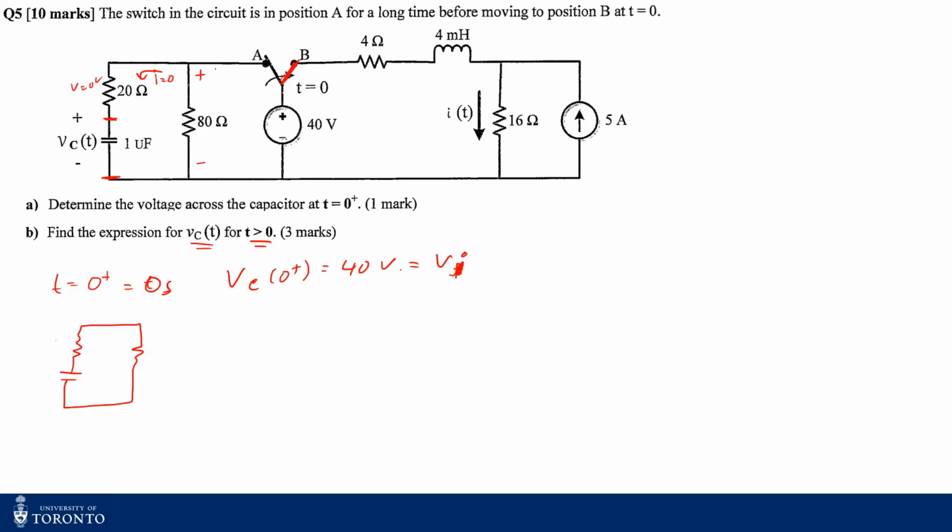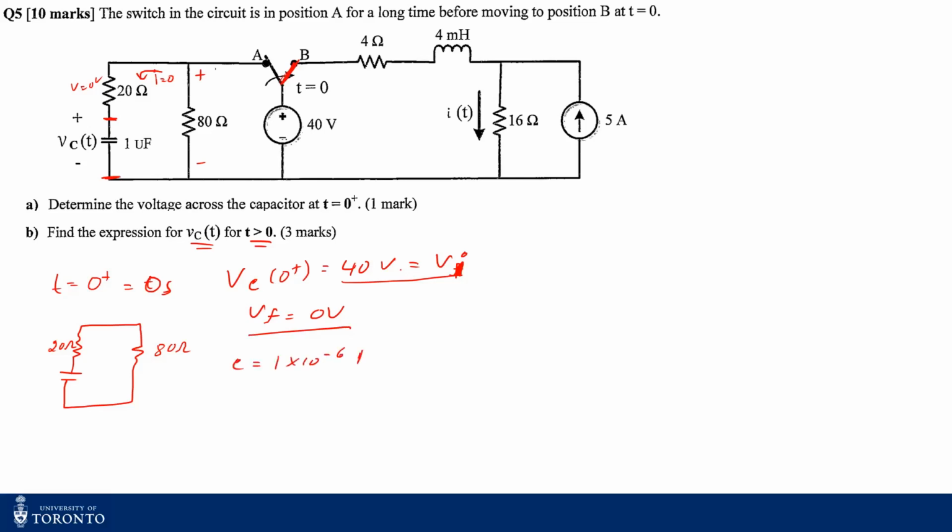So this circuit is disconnected, right? This is 20 ohms, this is 80 ohms. Once it starts discharging, what will be the final voltage after infinite time? Your final voltage has to be 0 volt, right? So you know your initial voltage, you know your final voltage, and your capacitance is 1 microfarad.